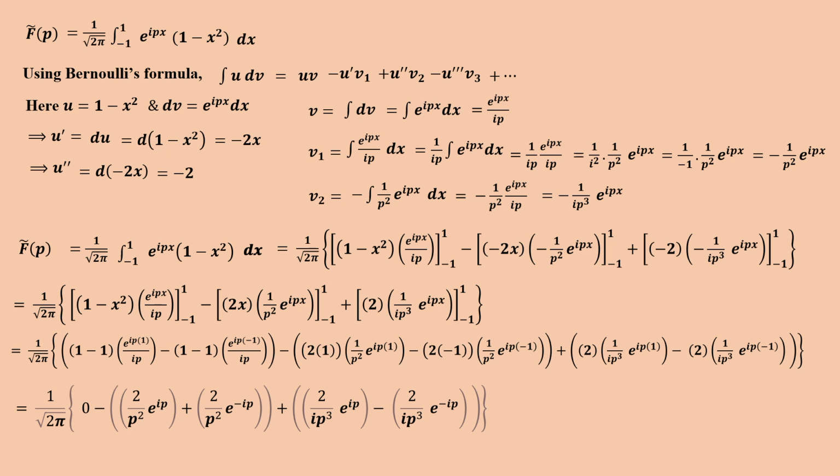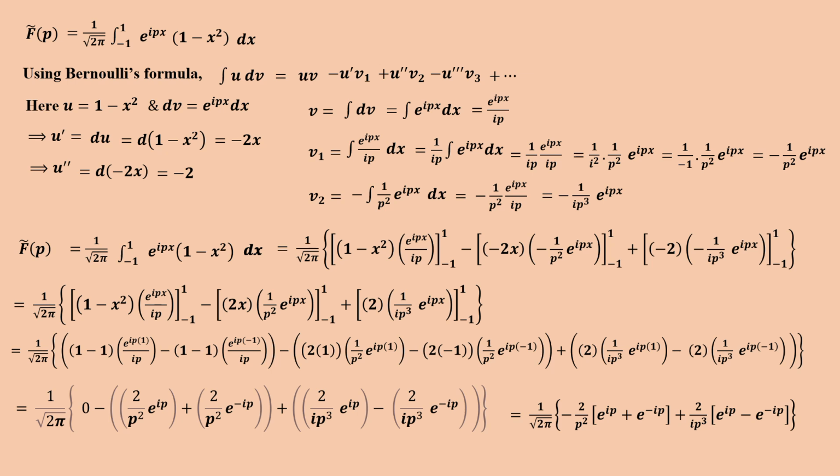Second term, minus 2 by p square e power ip, plus minus into minus 1, right, plus 2 by p square e power minus ip, plus then the fourth term 2 by ip cube e power ip, minus the fourth term 2 by ip cube e power minus ip, which is equal to 1 by root 2 pi, minus 2 by p square e power ip plus e power minus ip.